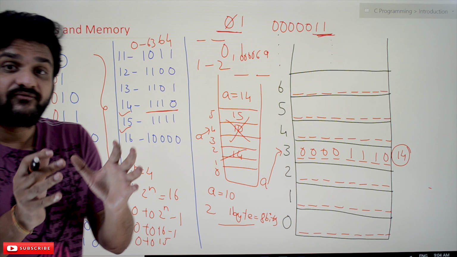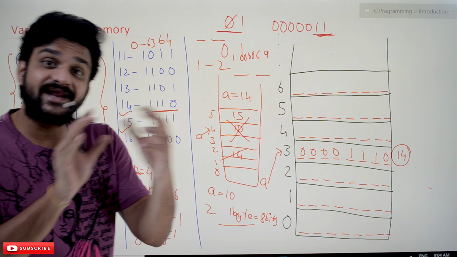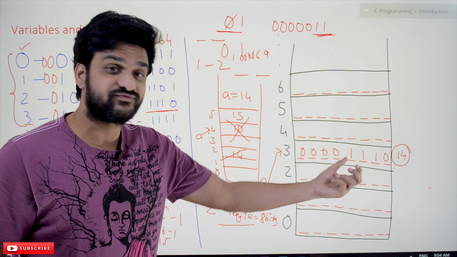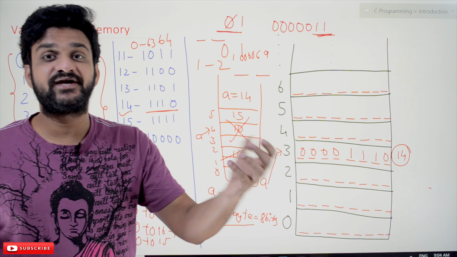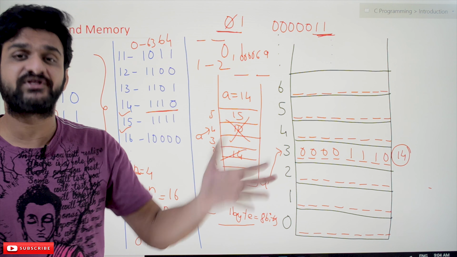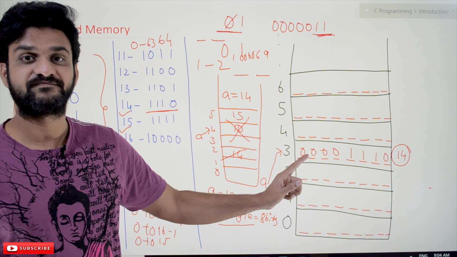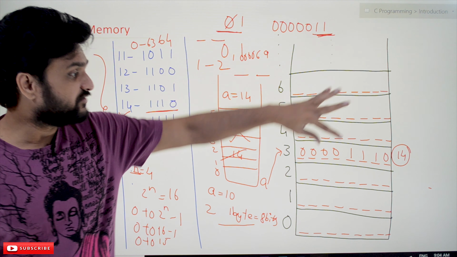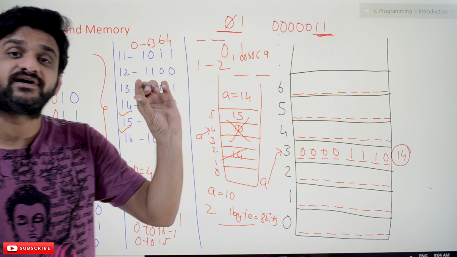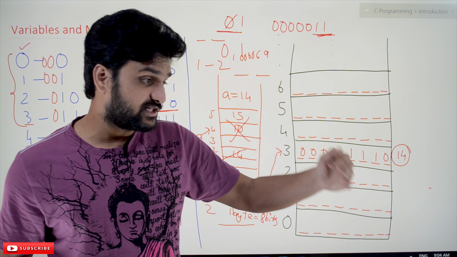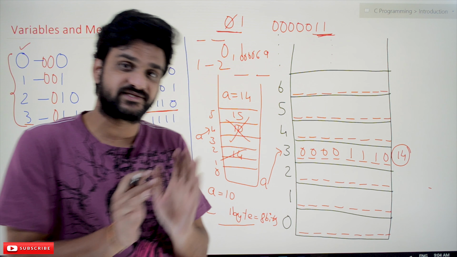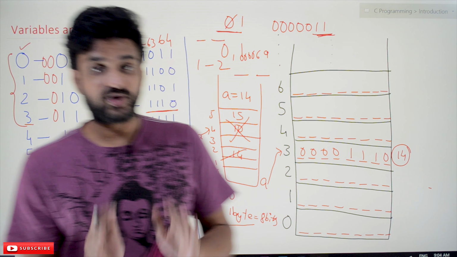This is how the variables, and the characters are also stored. Special characters like hash, @, all those symbols, everything is in the form of binary. Just remember that. Special codes are used to represent these things. In later videos, we will try to understand that concept also.